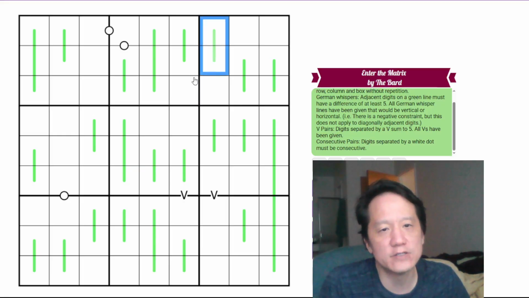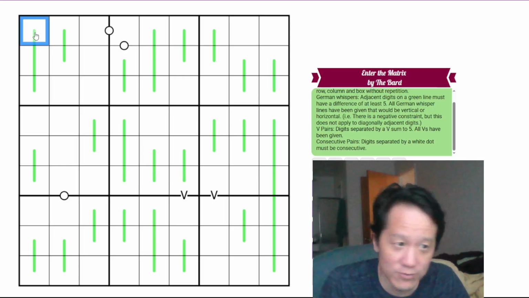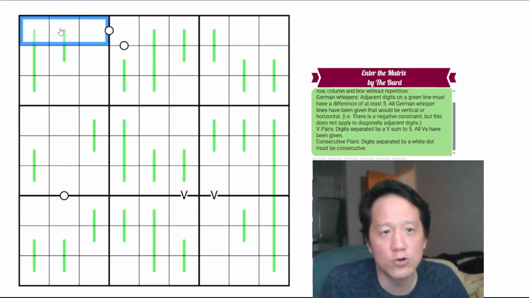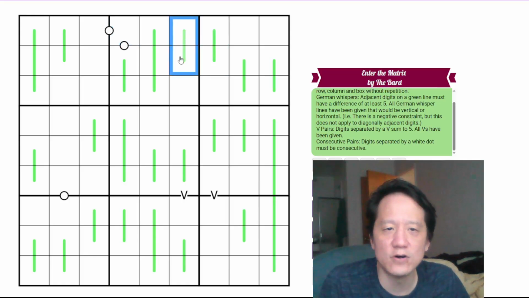So that means all the green lines that could go horizontally, I always have problems saying that word, or vertically are given. So that means there are no horizontal areas where you can have two digits which have a difference of at least 5. That's actually fascinating. That means they're all vertical, right?